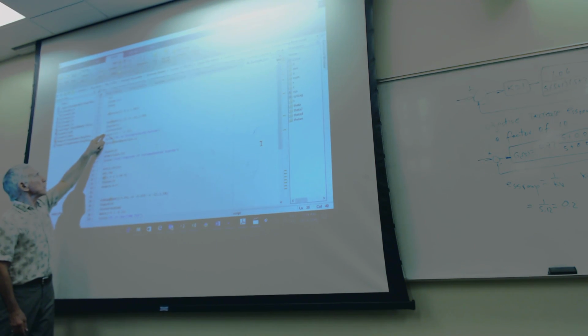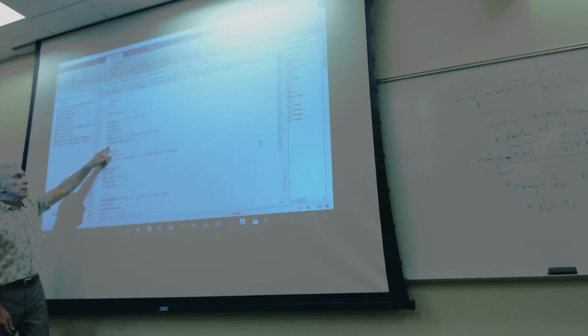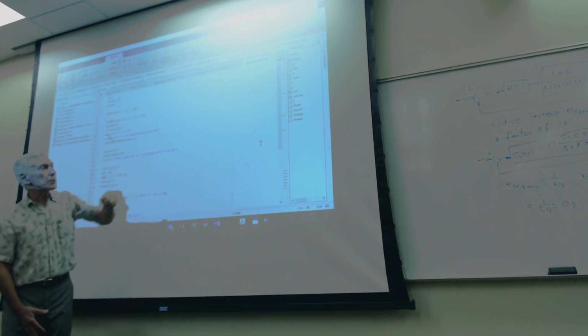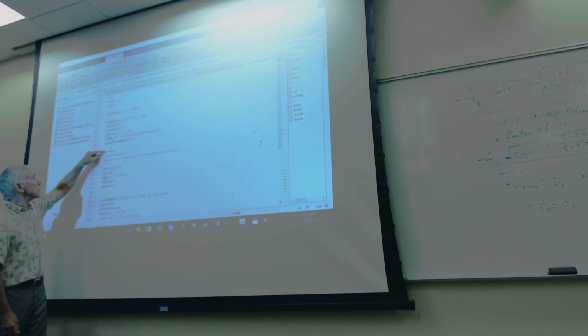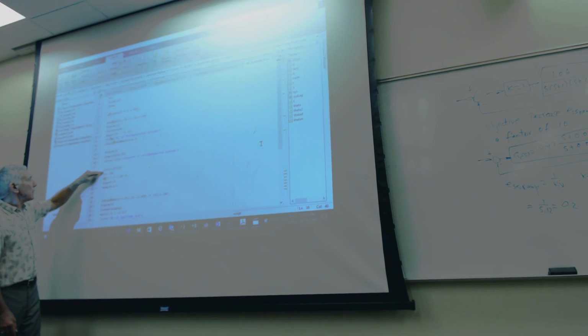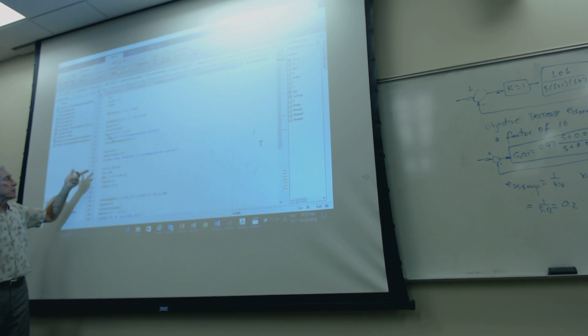Then I do the root locus for it, and then I form the closed loop system for the original system. I look at the step response of the closed loop system, and then I look at the ramp response.